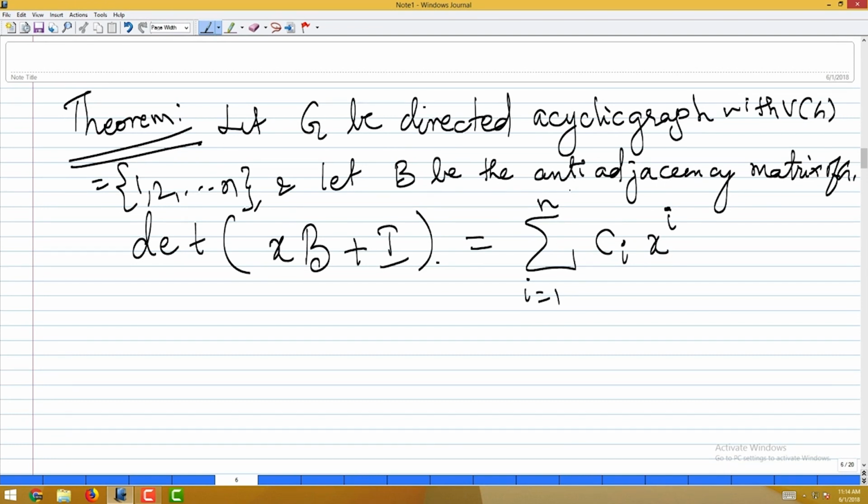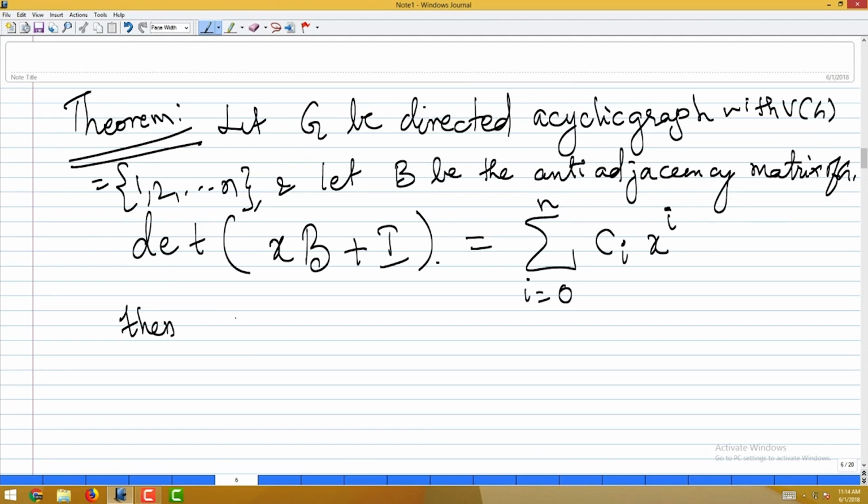In fact, it is a polynomial of degree n, meaning we have n plus 1 coefficients. So, I should also include that: i equal to 0 to n, the constant term is there, plus n powers of x will be there.